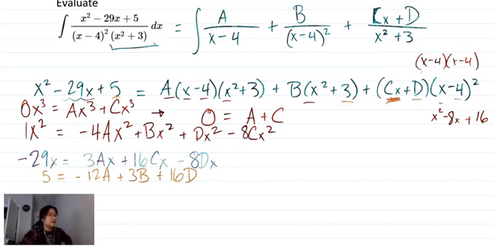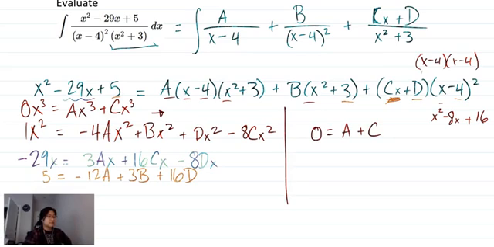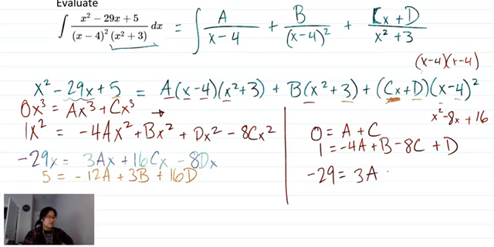All right. So maybe we should rewrite this. So this gives us 0 equals A plus C. 1 equals negative 4A plus B minus 8C plus D. Negative 29 equals 3A plus 16C minus 8D.